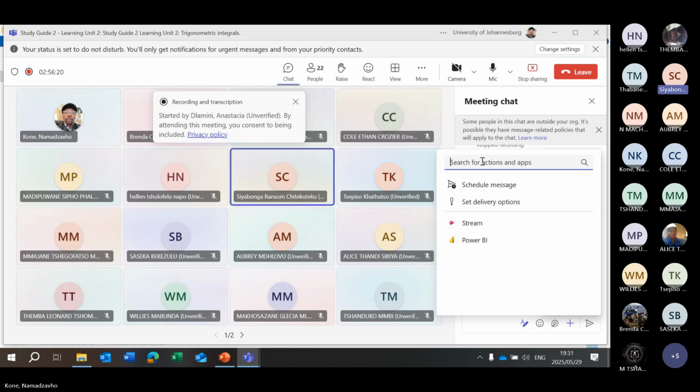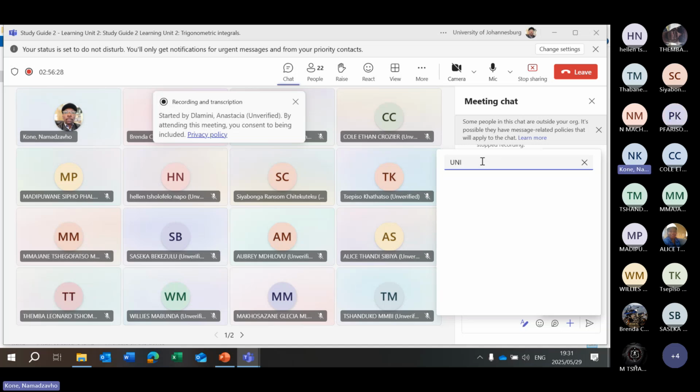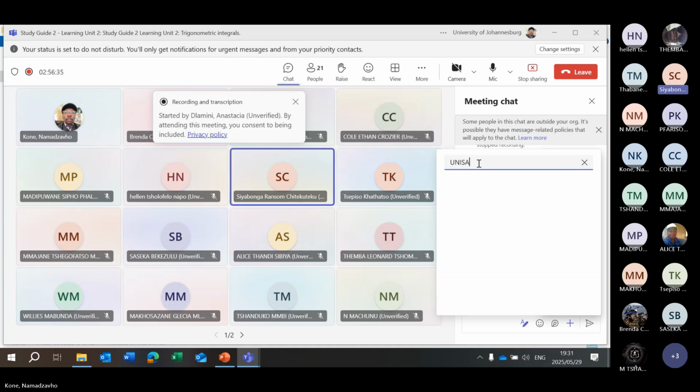Yeah, search there, sir. Okay, let me say UNISA. And if it's not showing, then write PowerPoint since you used a PowerPoint presentation, right? Yes. Okay, write PowerPoint, sir. PowerPoint. Isn't it that one? But last time it was so easy, man.